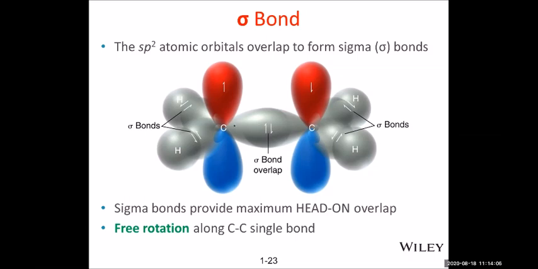So each carbon has 3 sigma bonds, with 2 hydrogens and with the other carbon. And then the unhybridized p orbitals will have a sideways overlap to form the pi bond. Each p orbital has 1 unpaired electron, and when these 2 electrons have opposite spin, they form the pi bond.